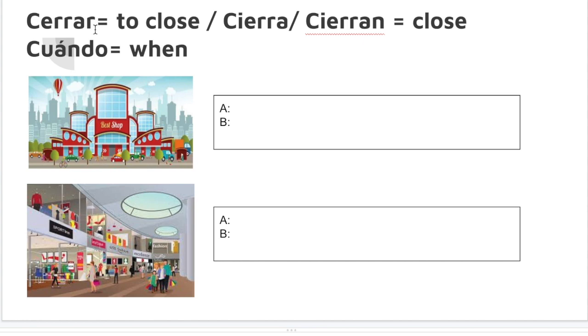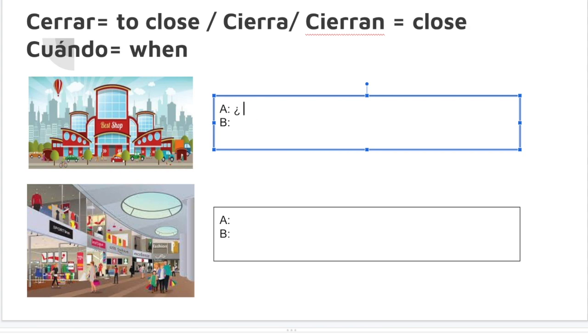Cerrar means to close. And there are two ways of saying that, singular or plural. Cierra o cierran, closed. And cuando, when. So we have a dialogue. We are going to ask somebody about el centro comercial, shopping mall, y las tiendas. So let's make a dialogue.